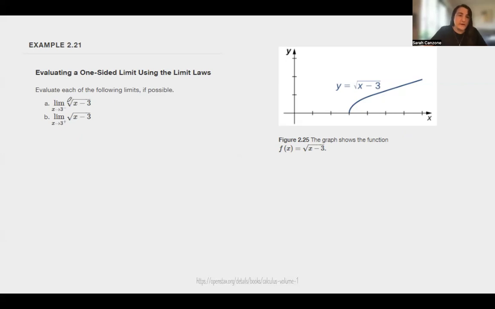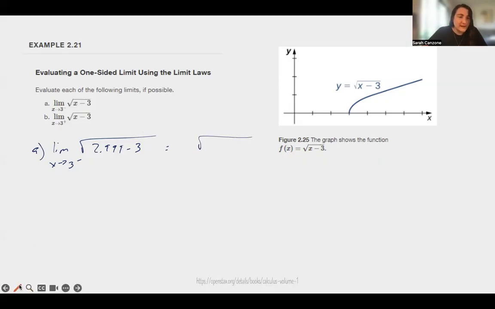So what we can do for A is try plugging in a number a little bit to the left of 3, maybe 2.999. So what about the limit as x approaches 3 from the left of the square root of 2.999 minus 3? Well, the issue is that the negative goes inside of the square root.